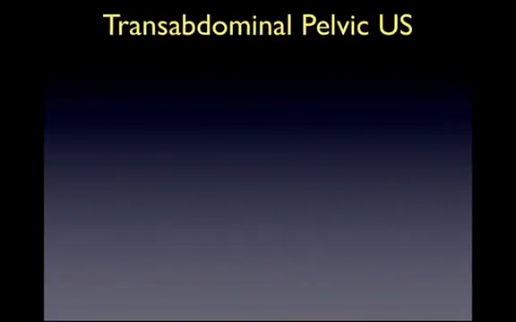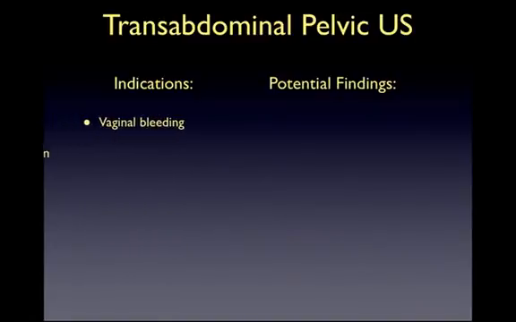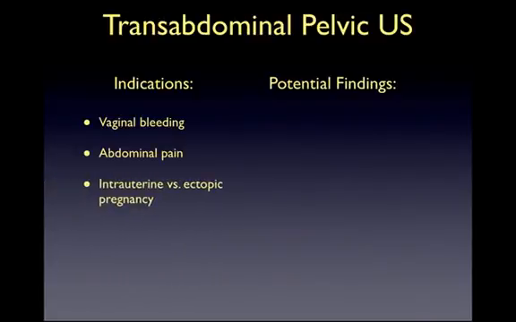There are many indications and potential findings for the transabdominal approach to pelvic ultrasound. Indications can include patients who present to the ED with complaints of vaginal bleeding, abdominal pain, differentiating between an intrauterine versus ectopic pregnancy, or threatened abortion.